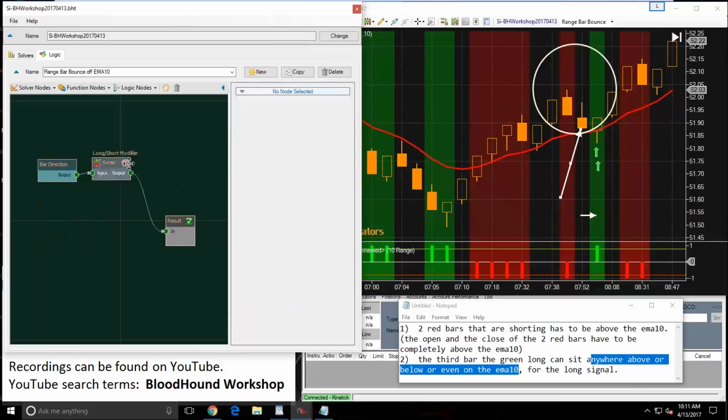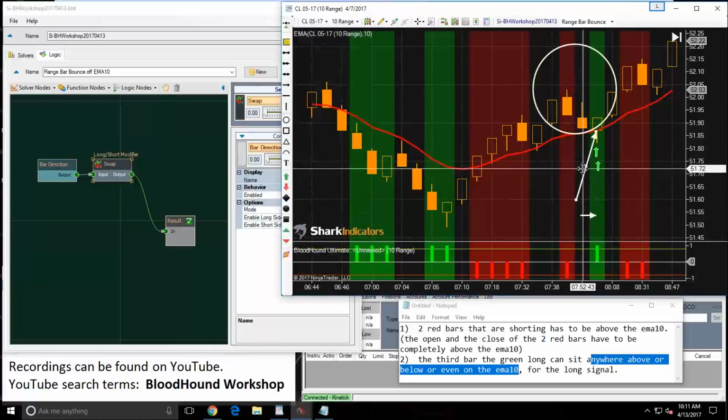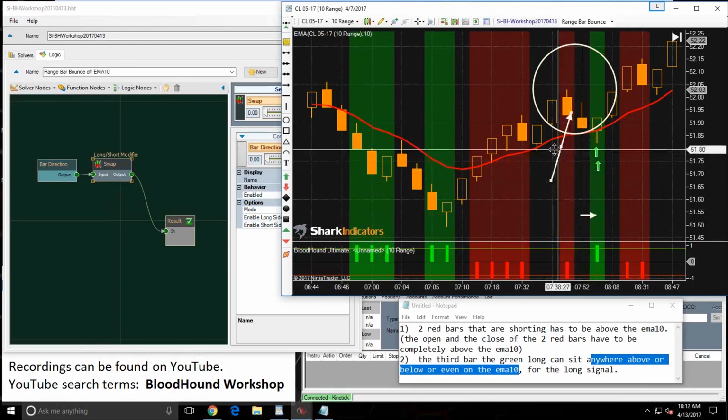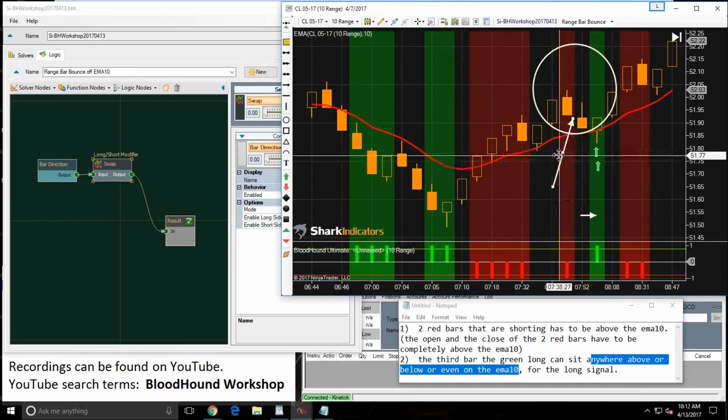The long short modifier is swapping the output, and here is how we get the long output on this up bar. So that's part of the condition there: looking for at least two down bars.